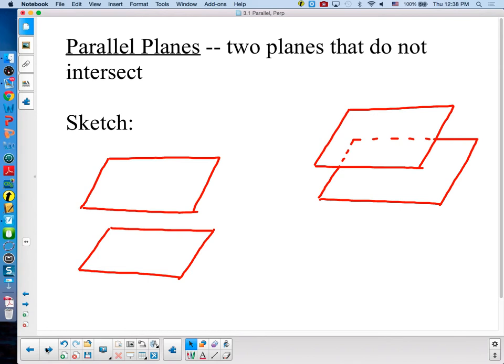So like the ceiling in this room and the ceiling in Mr. Brazy's room, they really are on the same plane. So that first sketch is kind of hard to interpret. The second one on the right is a better sketch because with the dashing in there, you can tell which is higher, which is lower. So that's probably a better picture to show parallel planes.